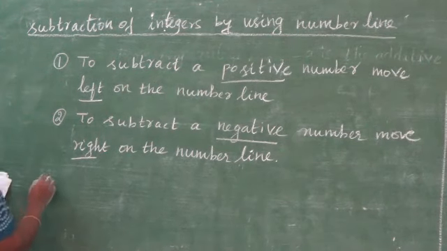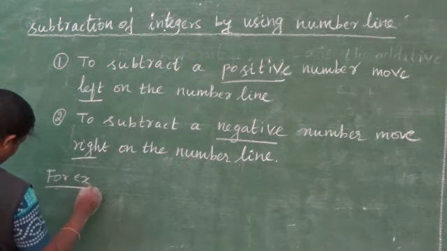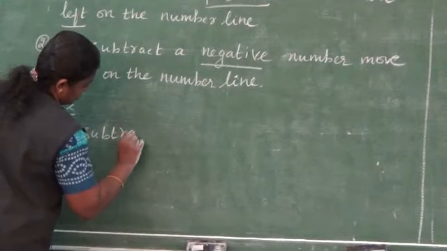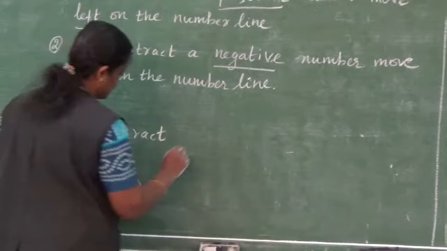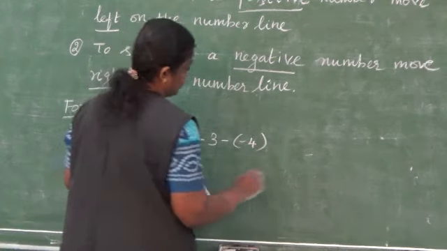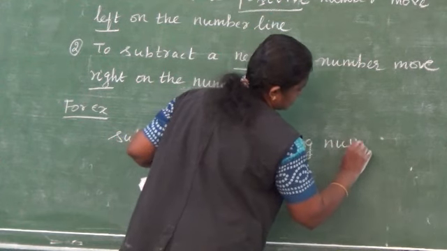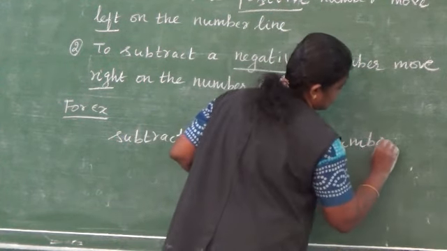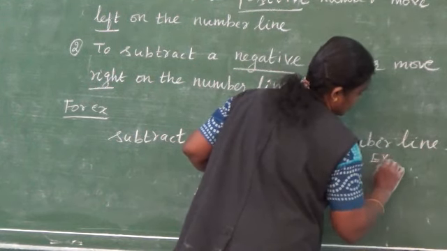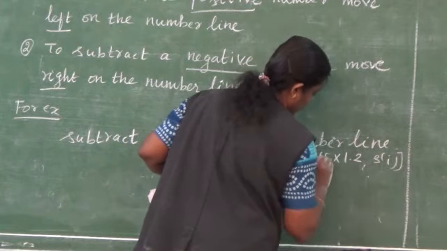Now, for example, subtract minus 4 from minus 3 using number line.